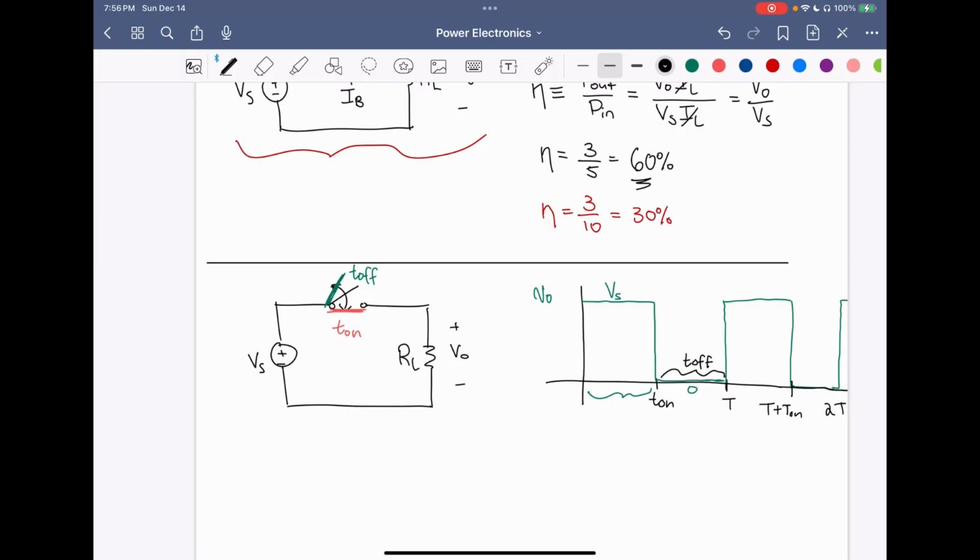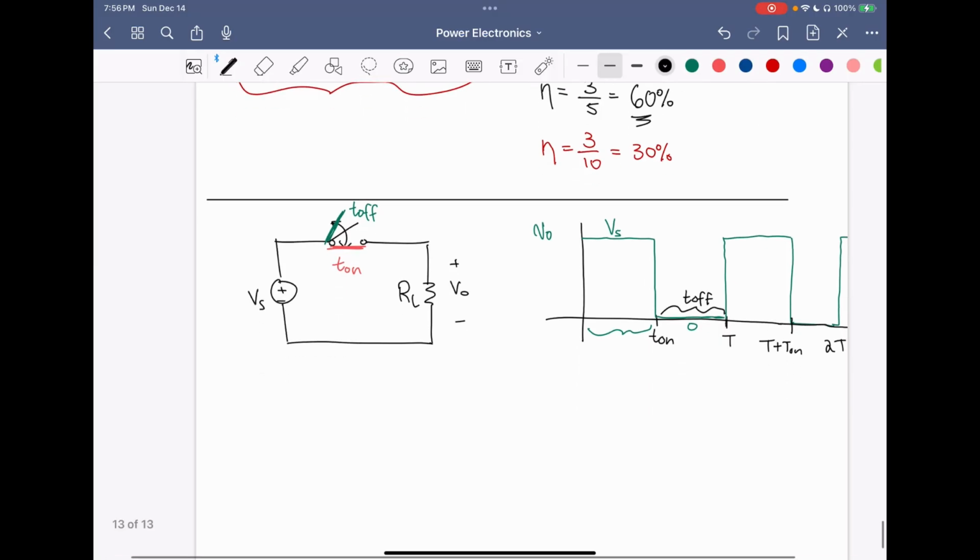By the Fourier series, we know that the output DC component, so we're going to put these brackets around VO, meaning that we're looking for the DC component of this pulsed waveform, is equal to capital VO, and then we do 1 over the period and integrate the pulsed waveform over this period. This is the definition of the DC component when we decompose this waveform with its Fourier series.